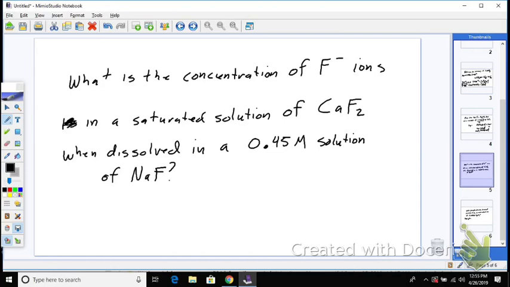It says, what is the concentration of fluorine ions in a saturated solution of CaF2 when dissolved in a... I'm going to change this.